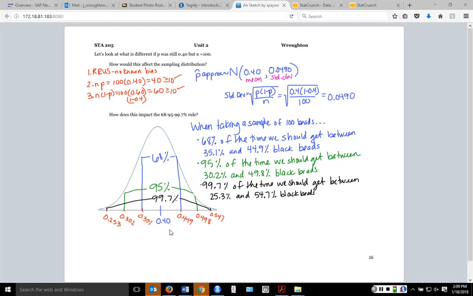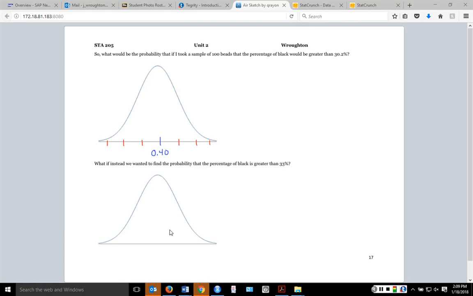So I'm going to keep all of those numbers the same. Get those added here. And it asks us for greater than 30.2%. So I know I want everything greater, which would be everything to the right.